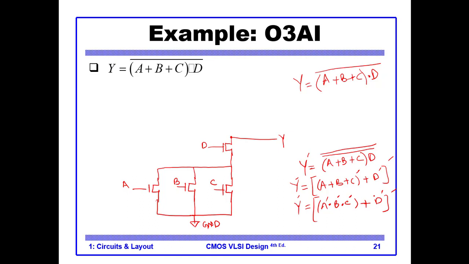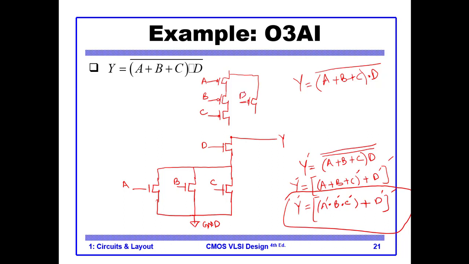So what this means is that the pull-up network has this equation, which means we have a PMOS A, a PMOS B, and a PMOS C connected in series in AND type fashion, and with this we have a PMOS D connected in parallel.